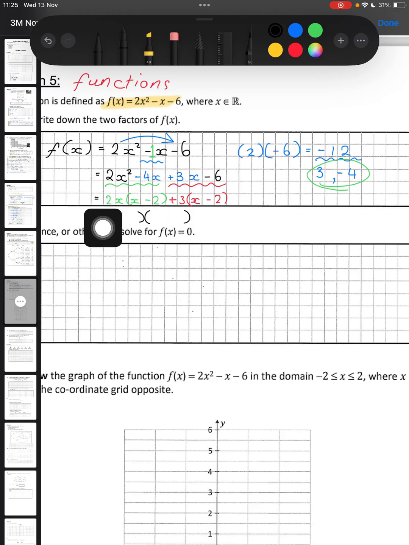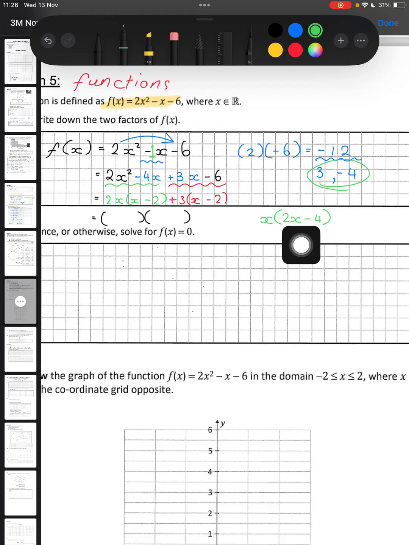Now, if, for example, I didn't spot here that I could take out a 2 and I only took out an x, what we'd see in here is a 2x and a minus 4, and we'd see, oh look, those brackets aren't the same. I must have missed something here. If I had taken that as x by 2x minus 4, when you do something like this, you need to check whether inside the brackets they have nothing left in common.